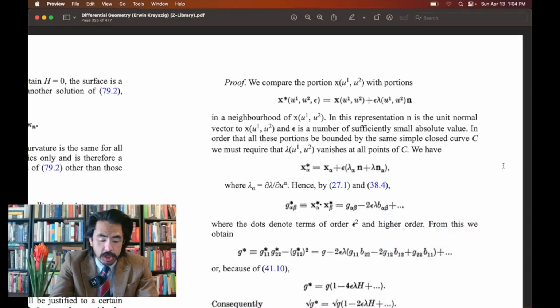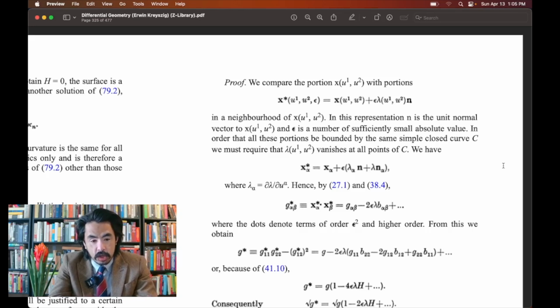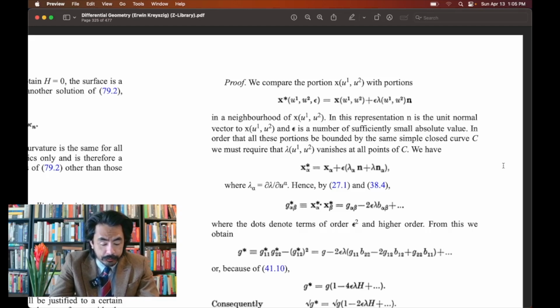We compare the portion x in terms of u1 and u2 with portions vector x star in terms of u1, u2, and epsilon, which is equal to the vector valued function x in terms of coordinates u1 and u2, plus epsilon times a function lambda in terms of coordinates u1 and u2, times vector n in a neighborhood of the vector x in terms of u1 and u2.